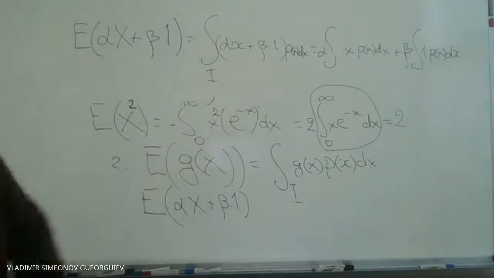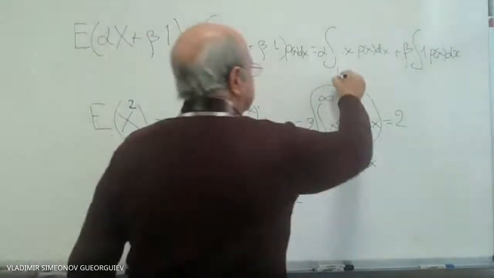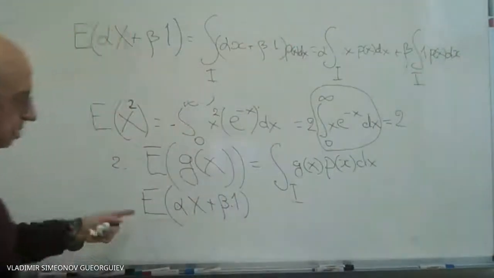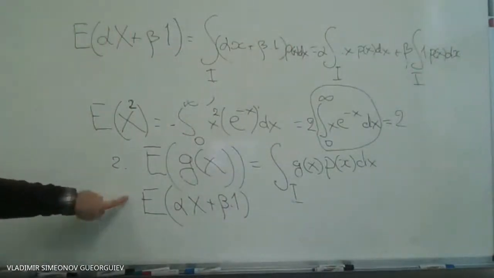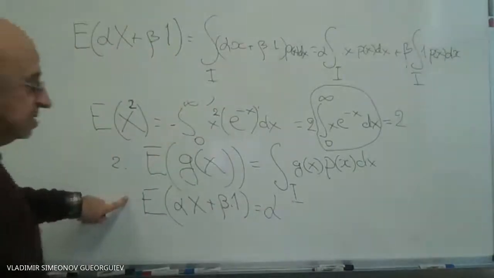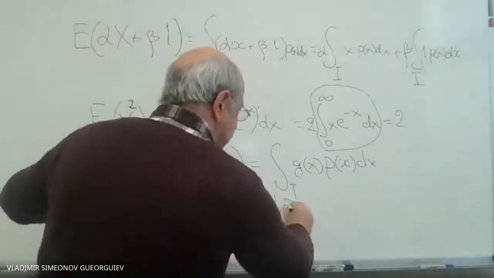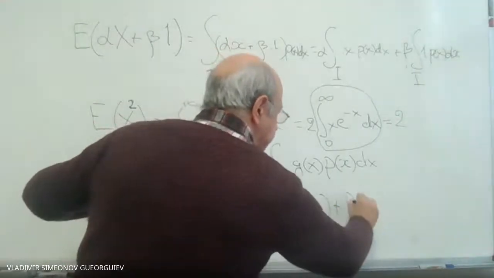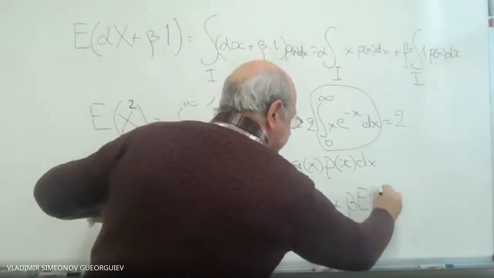So this is equal to alpha times the expectation of x plus beta times the expectation of 1.